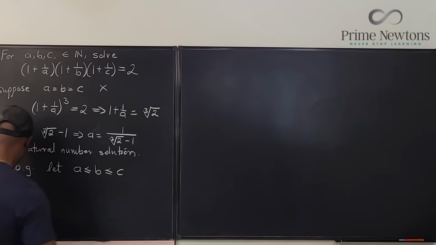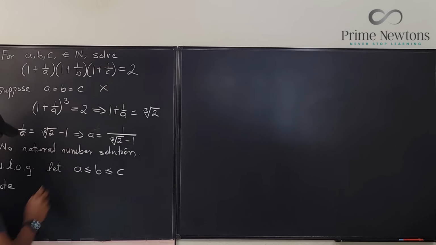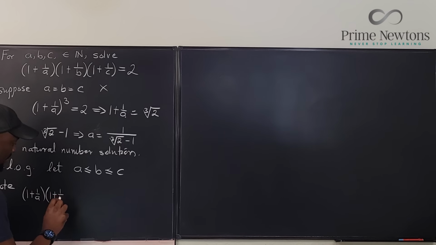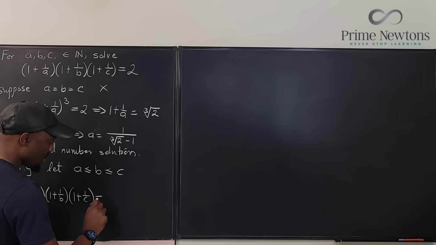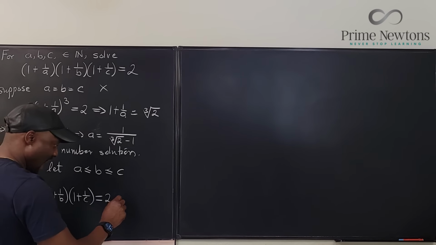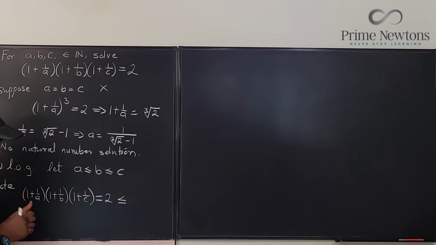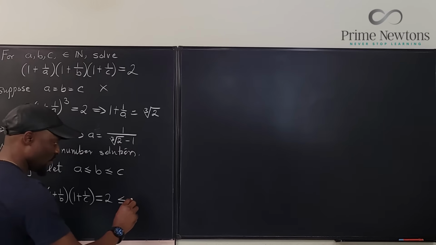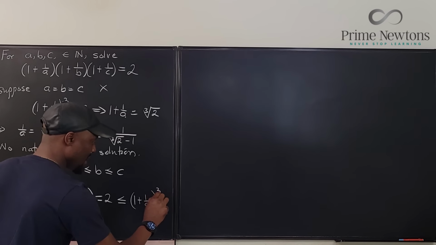We note, by this assumption, that 1 plus 1 over A times 1 plus 1 over B times 1 plus 1 over C is equal to 2, but we know that this has to be less than or equal to, if I'm only repeating the one I said is the biggest, which is 1 plus 1 over A, I'm repeating it 3 times.